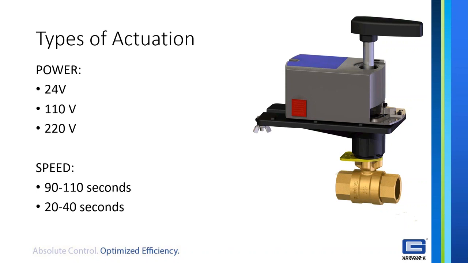You'll see speeds anywhere from 90 up to 110 seconds. Different actuator manufacturers have different speeds. A slower speed, 90 to 110 seconds, means that from when it gets the signal to open, it takes about 90 to 110 seconds to do a full rotation.